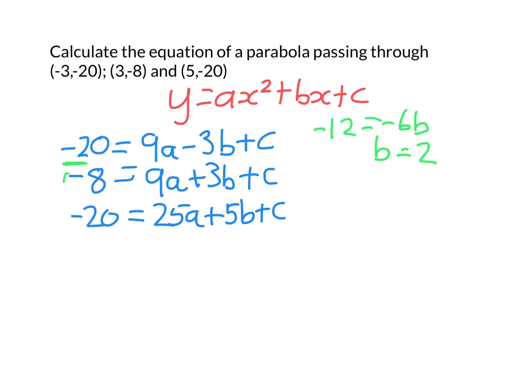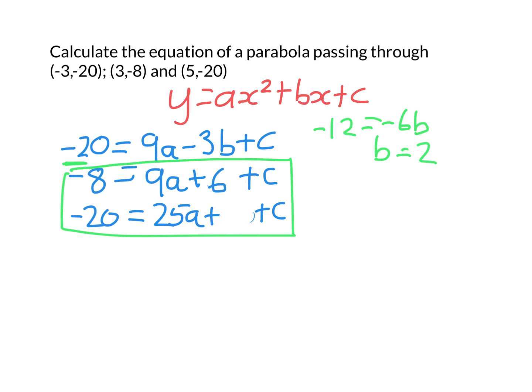So what I'm going to do is substitute b equals 2 in each of these two equations. I can't use the first two together because I just used them to find that b is 2, so I need to substitute it somewhere else. So I'm going to replace here 3b, 3 times 2, with 6, and I'm going to replace here 5b with 5 times 2, which is 10.